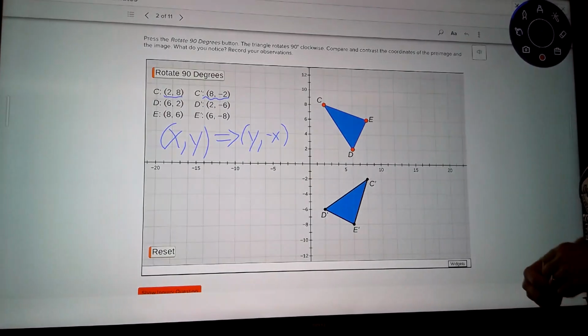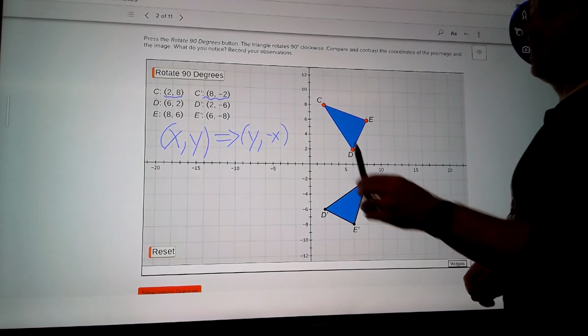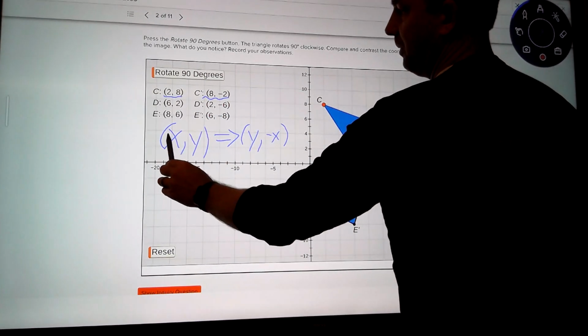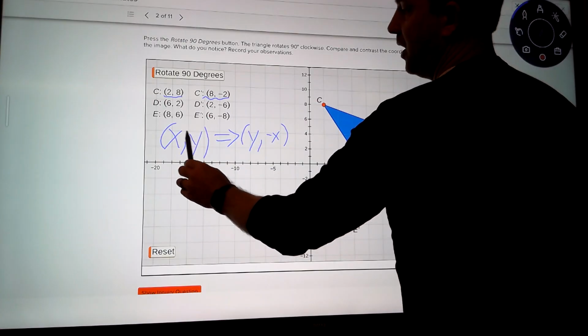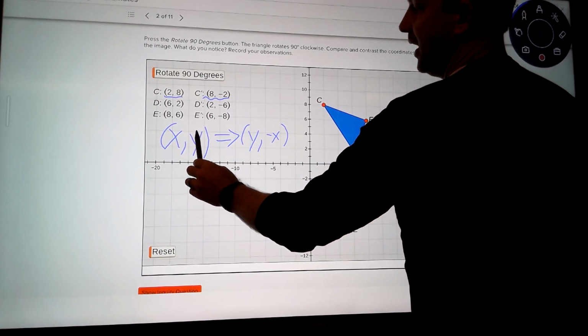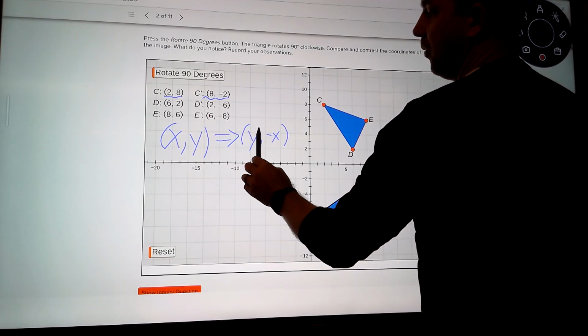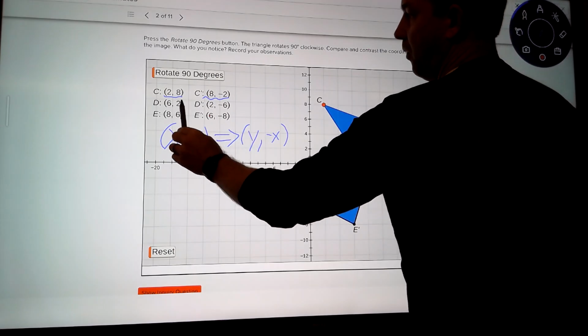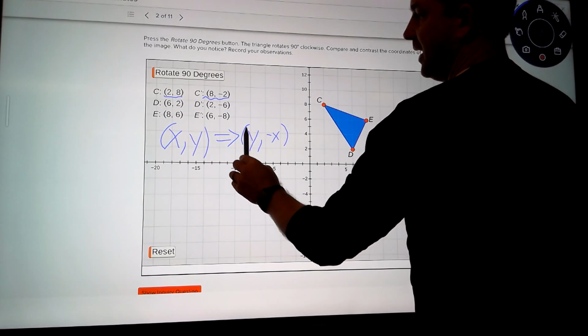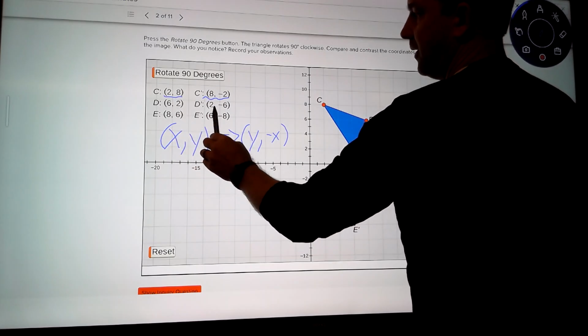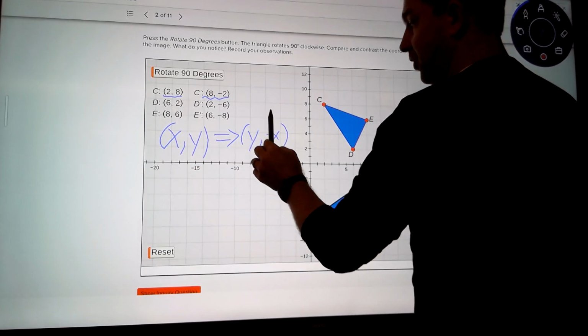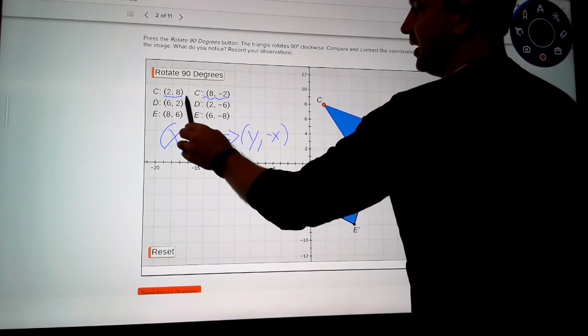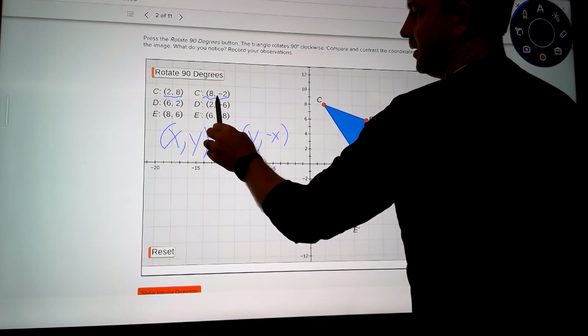Does that hold true for all three? This was 6, 2, so my x was 6, my y was 2. When we do a 90-degree rotation, my y becomes my x. Yes, that held true. My new y becomes the opposite of x. Well, this was 6, now it's negative 6.